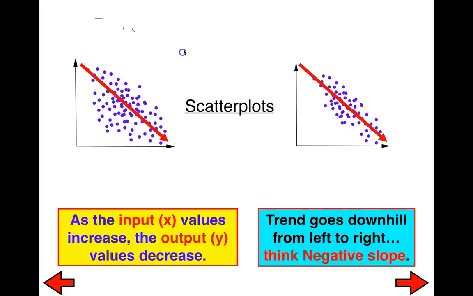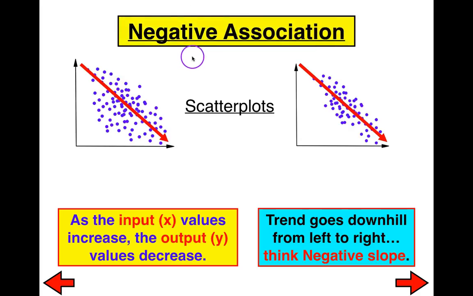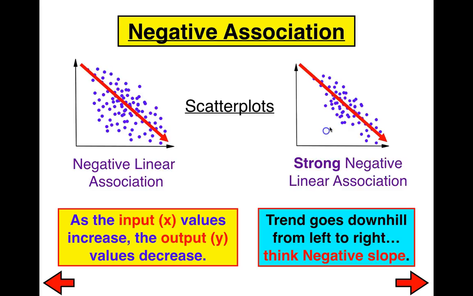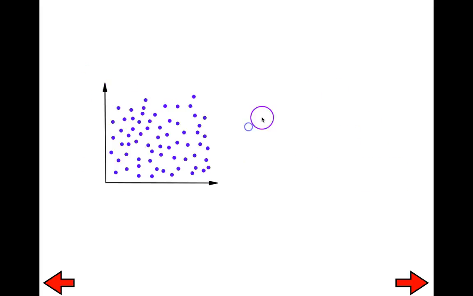This is called a negative association. Again, tie it in with what you know about slope. When you read a line from left to right, what is it? Is it negative? Is it positive? Is it zero? Or is it undefined? Okay, so here's a negative linear association. Here, in comparison especially, it is a strong negative linear association because the more focused these points are, the stronger the association. The more spread out, not as strong.